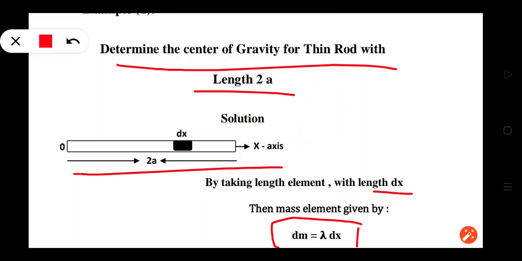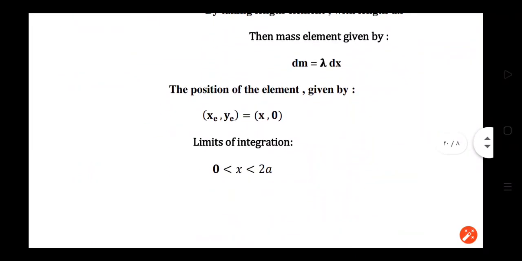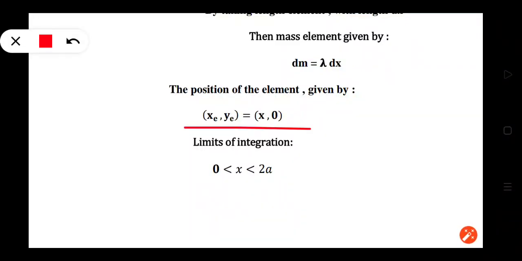The position of the element depends on this point. This point is on the x-axis, so xe and ye equal x and 0. And the limits of integration: as the length of the rod is 2a, x is between 0 and 2a.